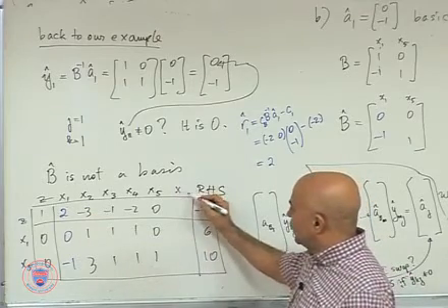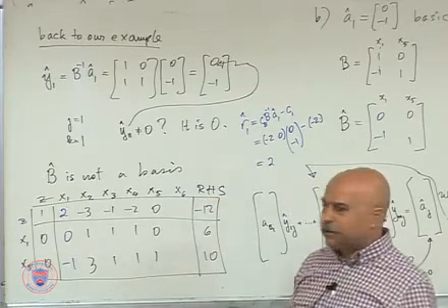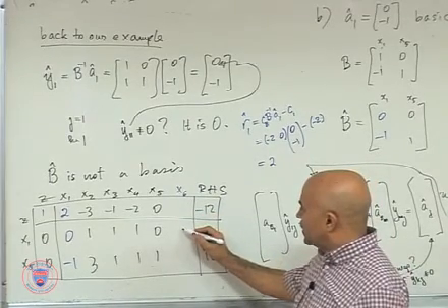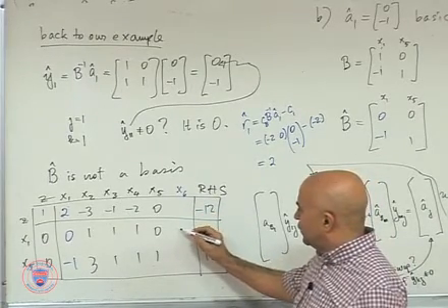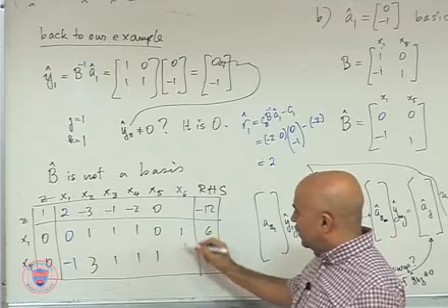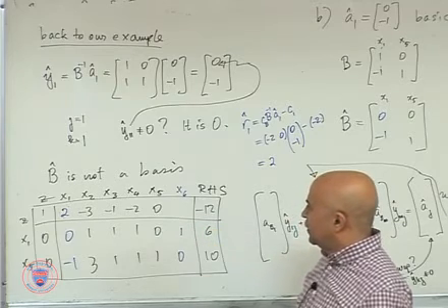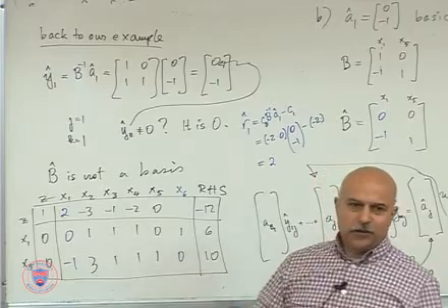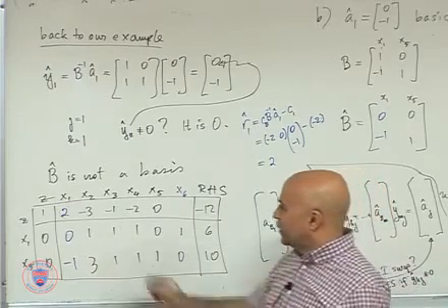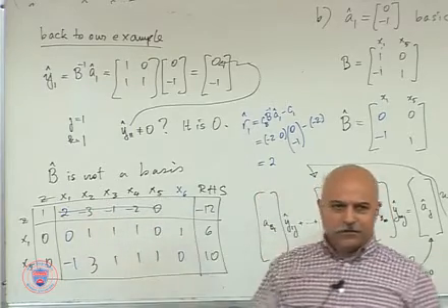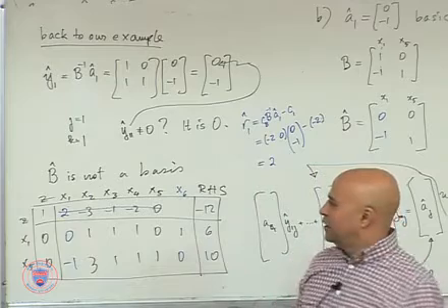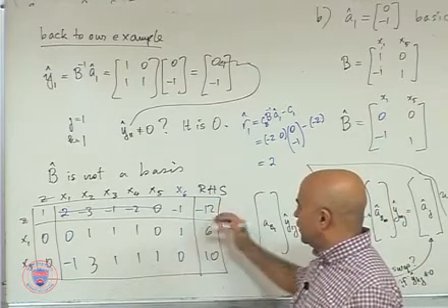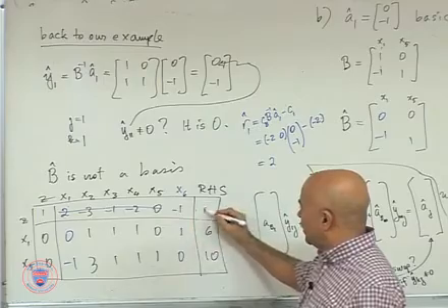You introduce a new variable, which is an artificial variable. It has 1 here, 0 here. And then you turn this into a phase 1 problem. So all of this is gone. You just throw them away. And then you have a 1 here, minus 1 actually. Of course, this one also changes.